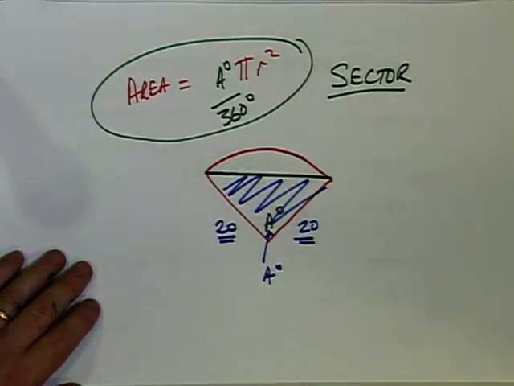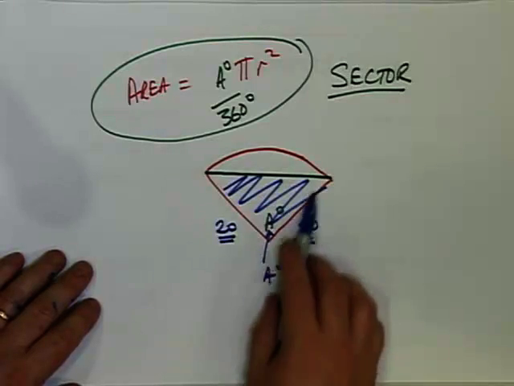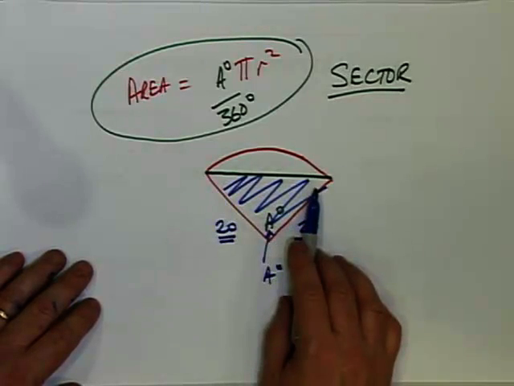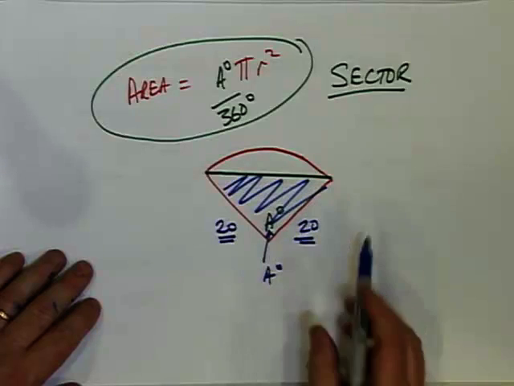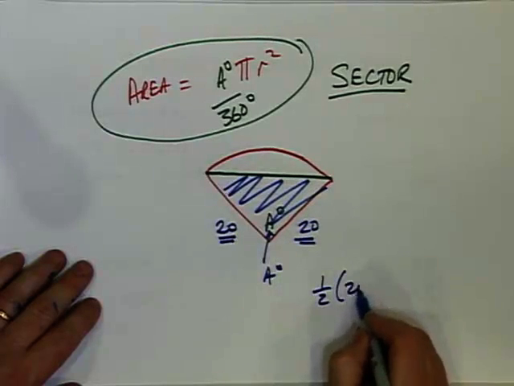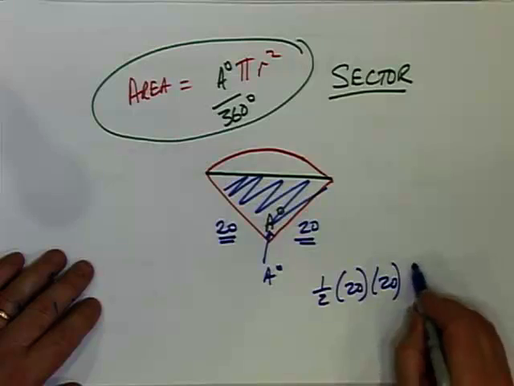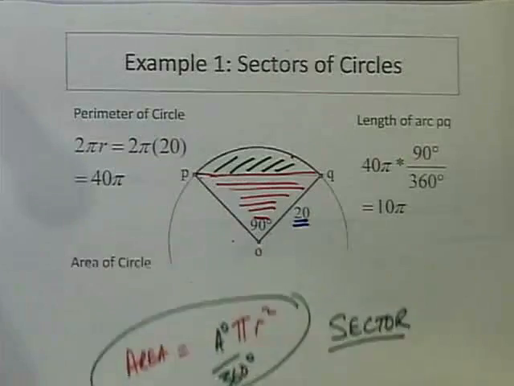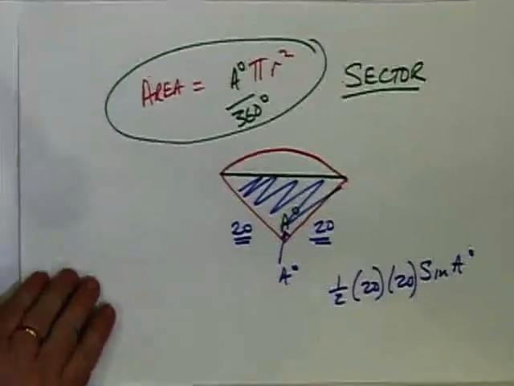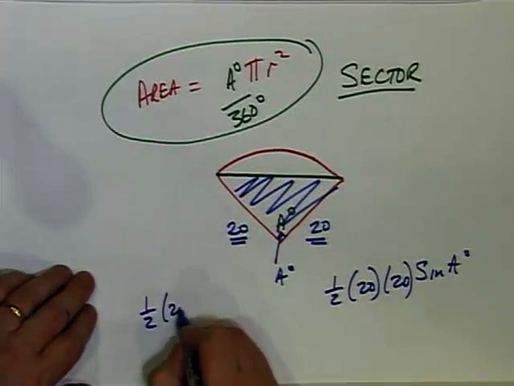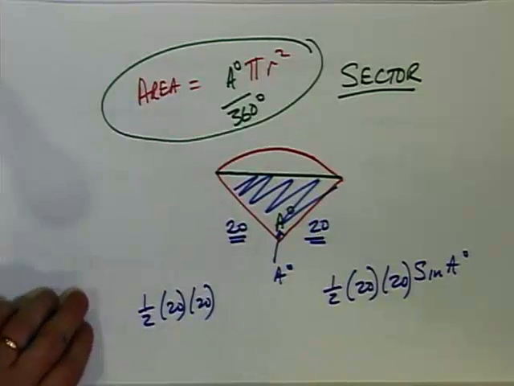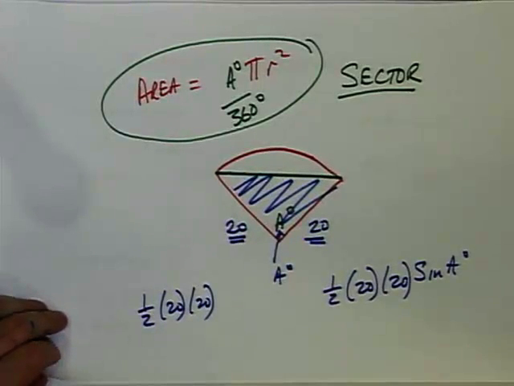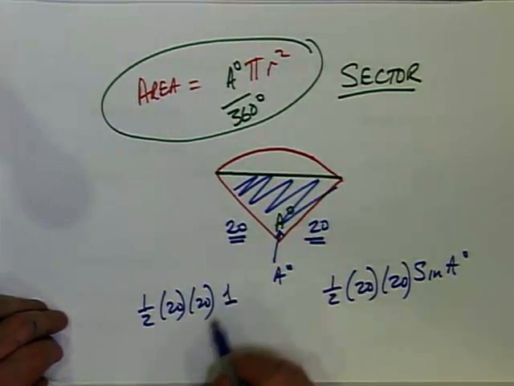Is that okay? If I know the two lengths and the angle in between, can I work out the area of the triangle? Yeah, it's a half, one of the lengths by the other length by the sine of the angle. Now in this particular case it's 90. So it's a half, 20 times 20, sine of 90, anybody? Turns out to be 1, okay?